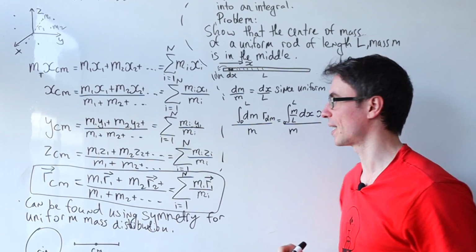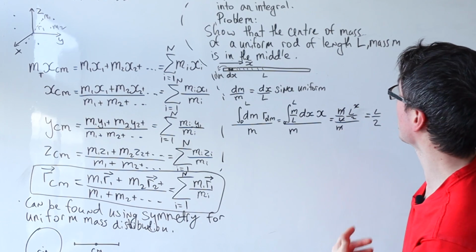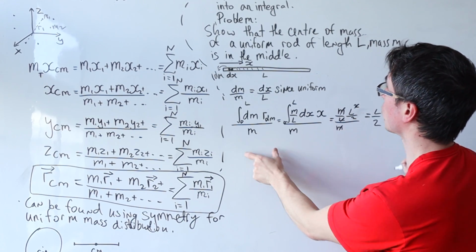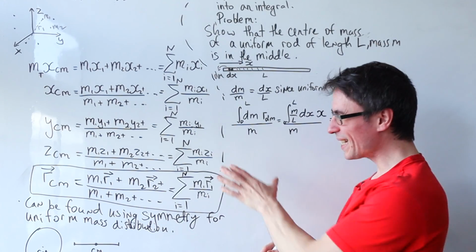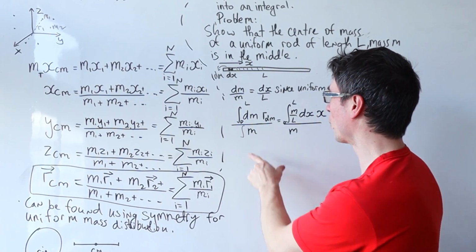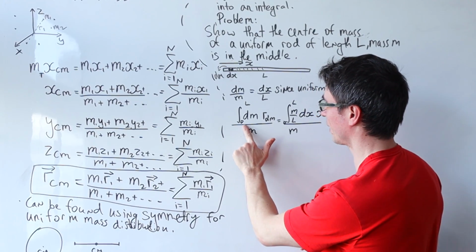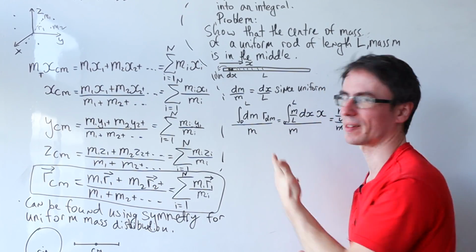This here should really say dm. We're going to divide this by the total mass, which is just given to be m in total. Please note that if we don't know the total mass, the denominator will also be an integral over the length, but in this case, we know that the total mass is m.